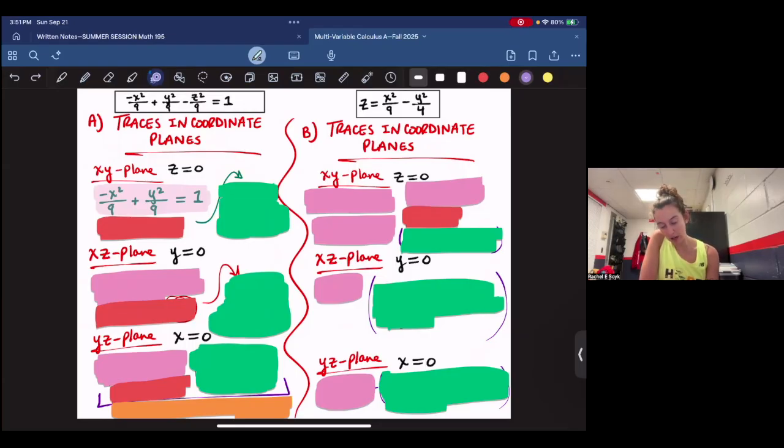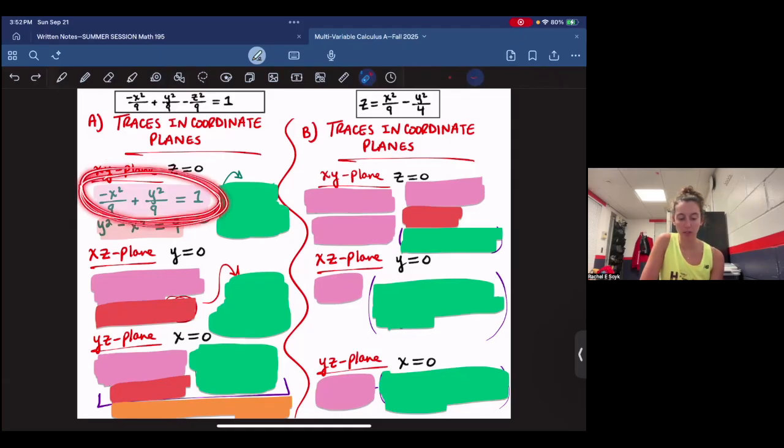And then what can we do from there? We know that we're dealing with a hyperbola, which is opening up and down along our y. If you wanted to bring the 9 over, you can, but I honestly think it's way easier to see it from this side.